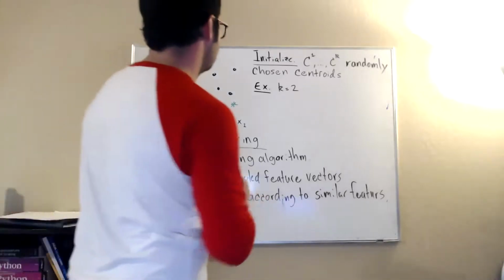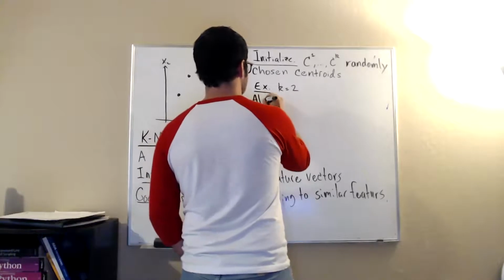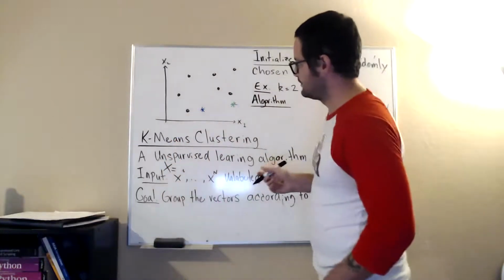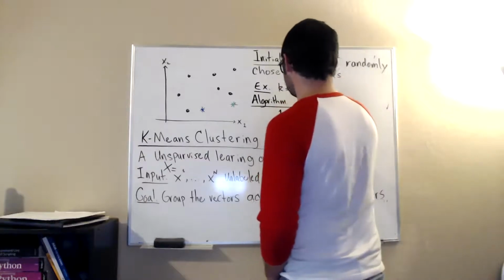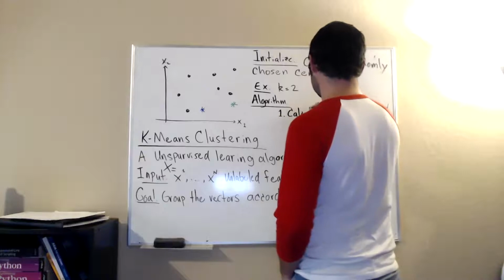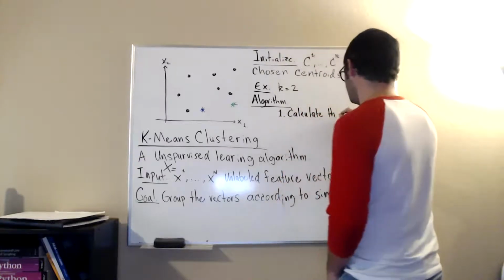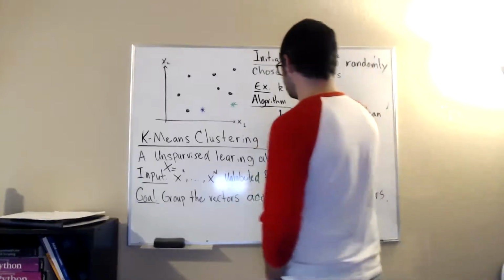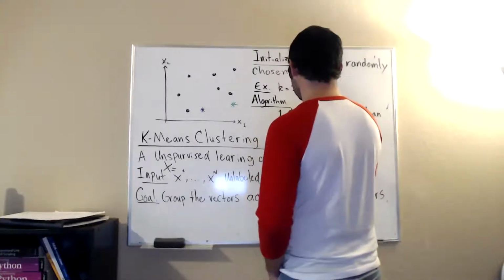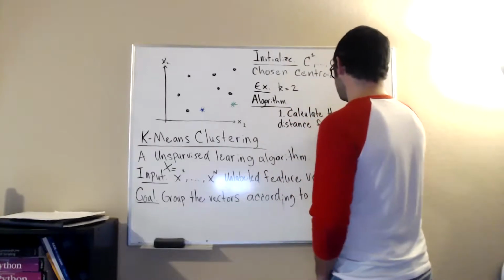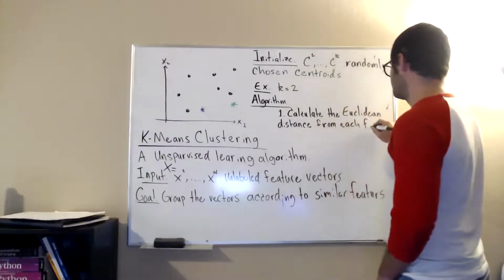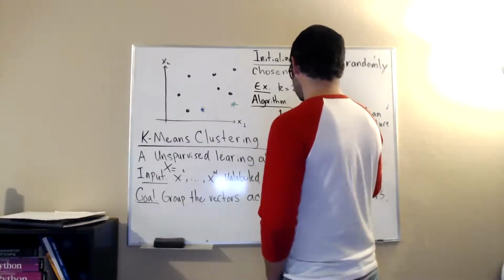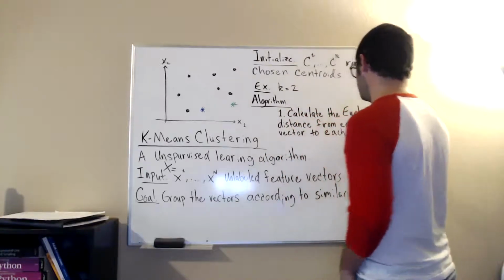So after we initialize, the actual algorithm now consists of, first, we're going to calculate the Euclidean distance from each feature vector to each centroid.